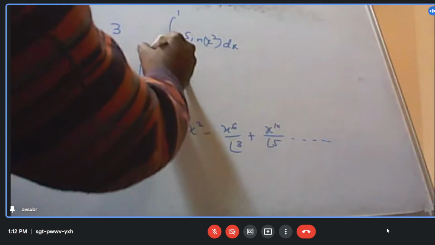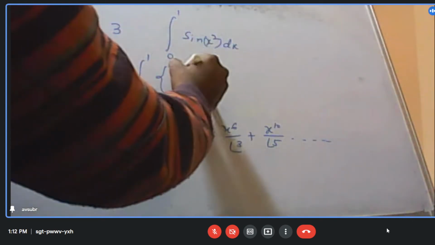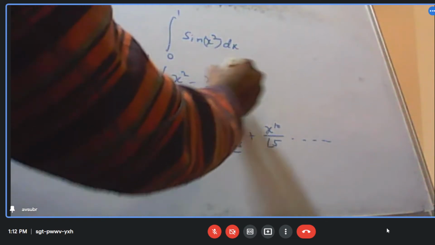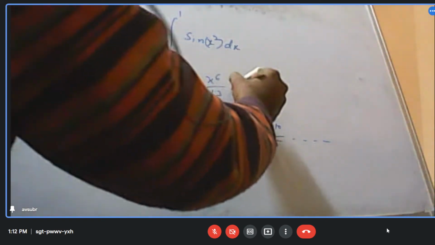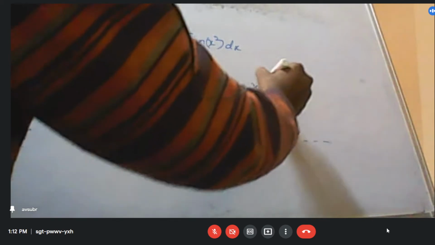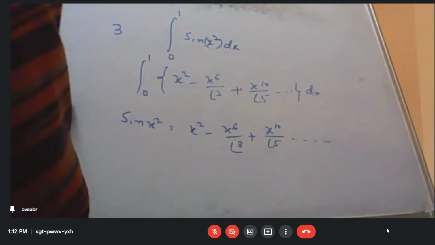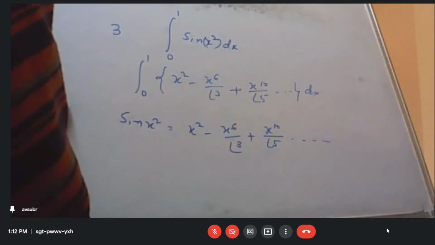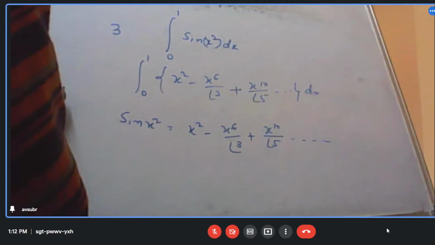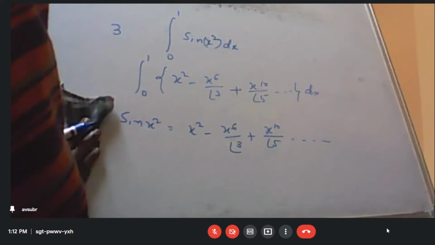So this will become integral 0 to 1 of x square minus x to the power 6 by 3 factorial plus x to the power 10 by 5 factorial and so on dx. सर साइन 1 आएगा, आंसर आएगा साइन 1 सर.